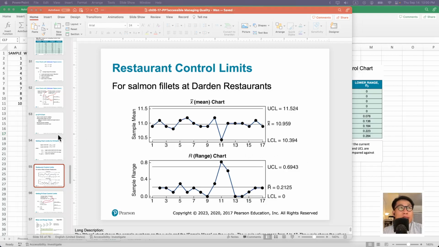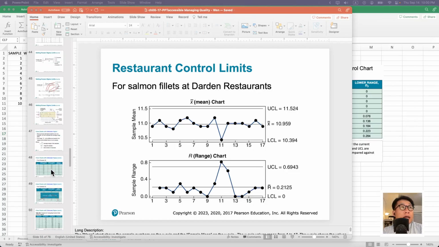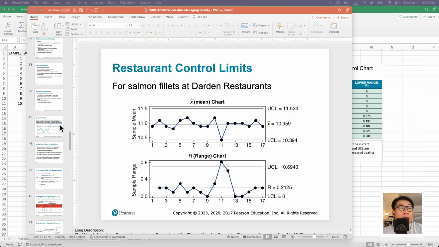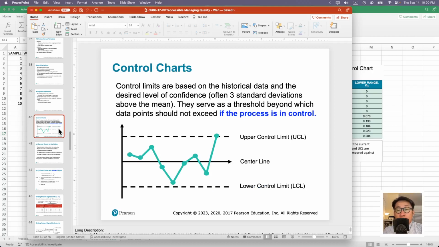Again, just let me emphasize a little bit more, just in case you didn't understand my previous explanation. So your upper control limit, center line, and lower control limit: usually center line is your process mean or expected process mean, and upper control limit is 3 standard deviations above the center line.